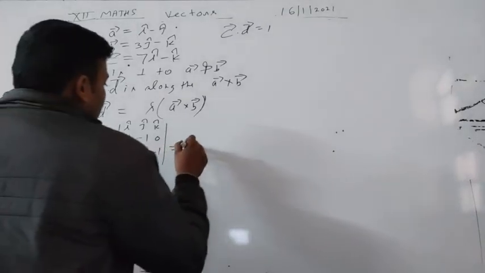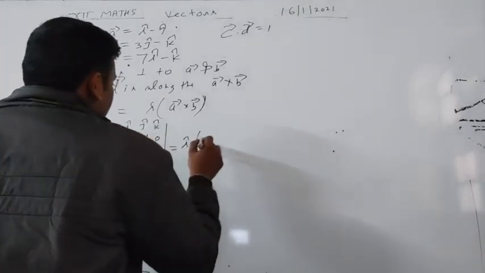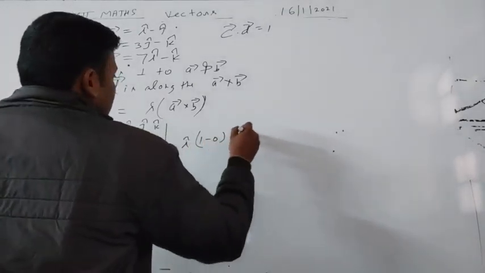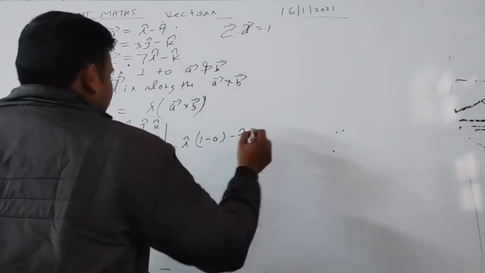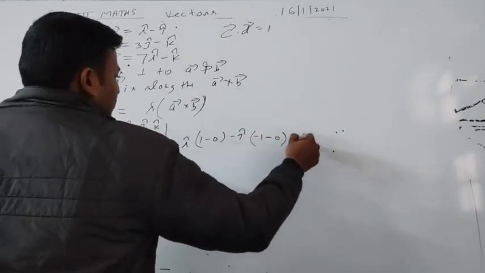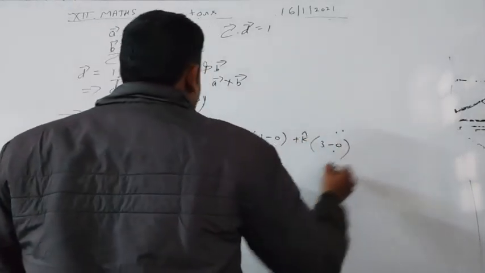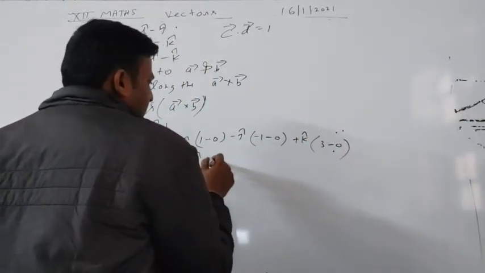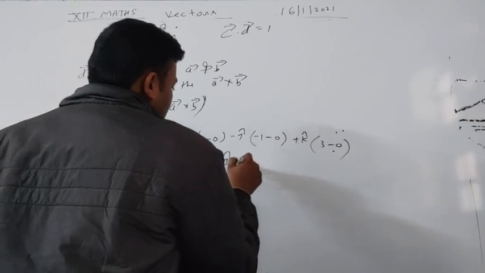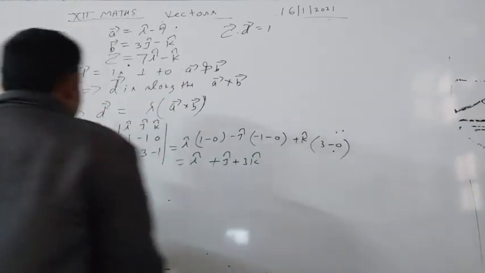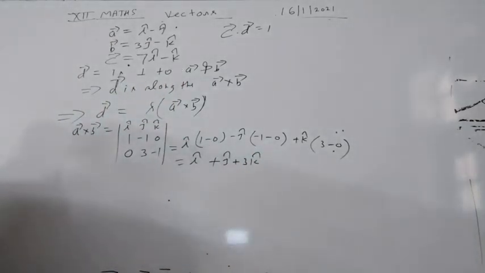Now expand this. We get i times (1 minus 0), minus j times (minus 1 minus 0), plus k times (3 minus 0): i plus j plus 3k. So A cross B is i plus j plus 3k.